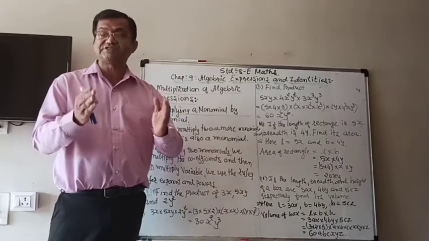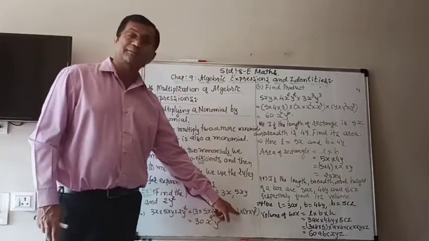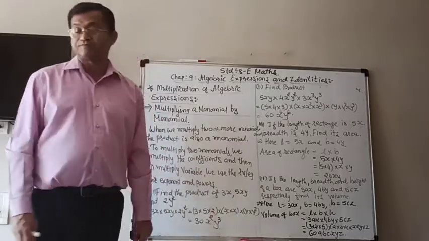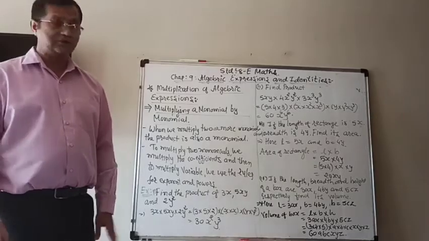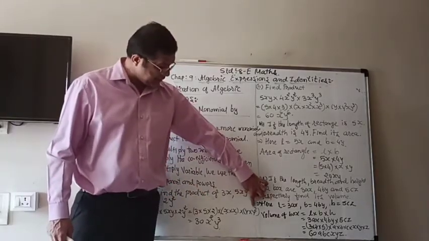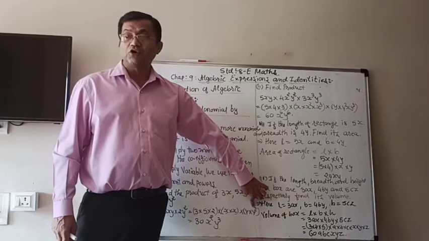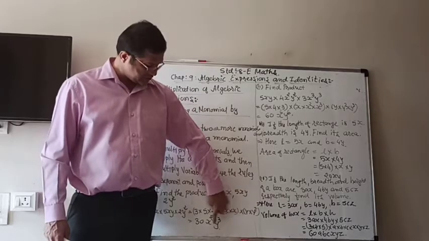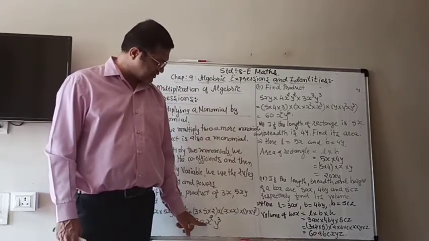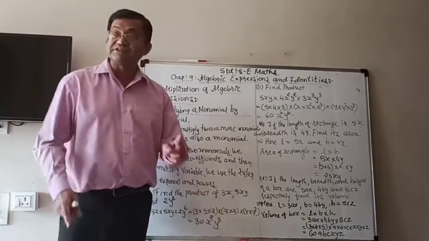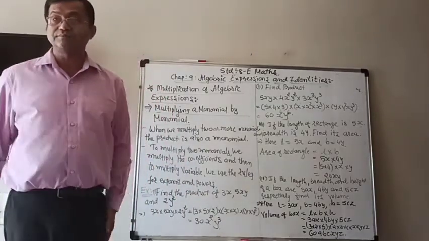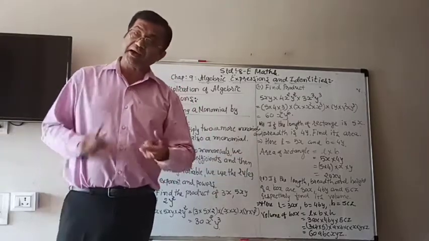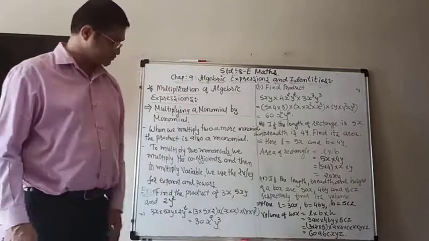When the same base is there, you add the powers, so x raised to 1 plus 1, that is x squared. Similarly, y multiplied by y square: same base, powers are added, 1 plus 2 is 3. So the final answer is 30x square y cube, which is again a monomial. So when we multiply these three monomials, the product again is a monomial.